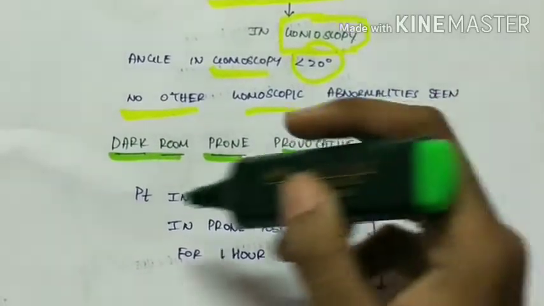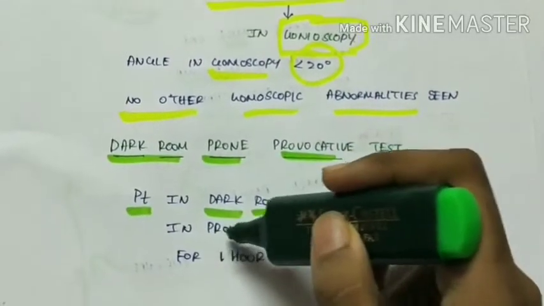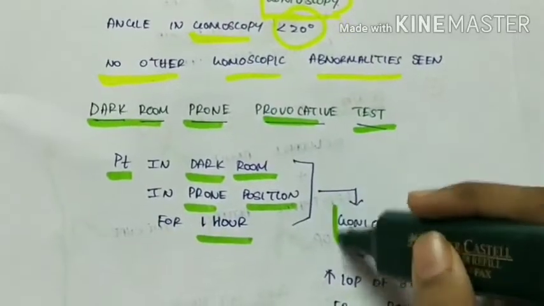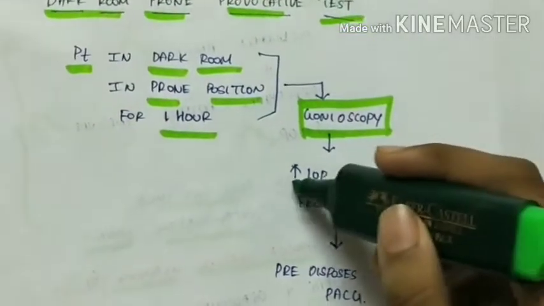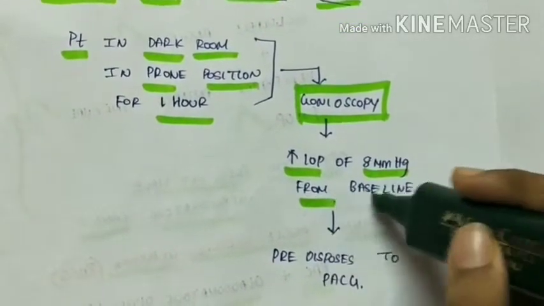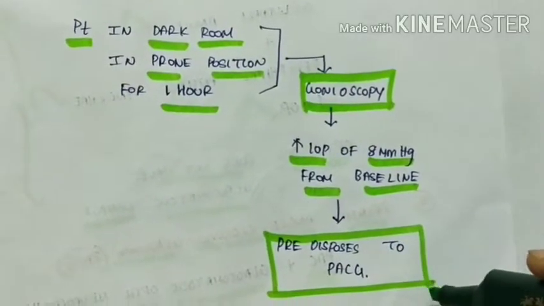To confirm the diagnosis, the patient is put in a dark room and asked to lie down in prone position for about 1 hour. And using gonioscopy, we measure the intraocular pressure. If there is a rise in intraocular pressure of 8 millimeters of mercury from the baseline, this predisposes to primary angle closure glaucoma.